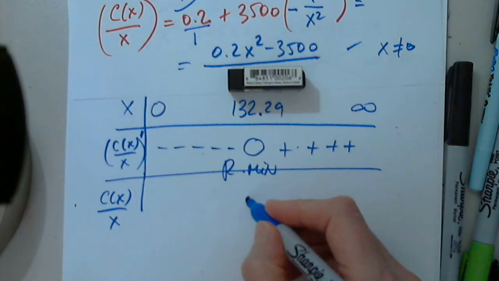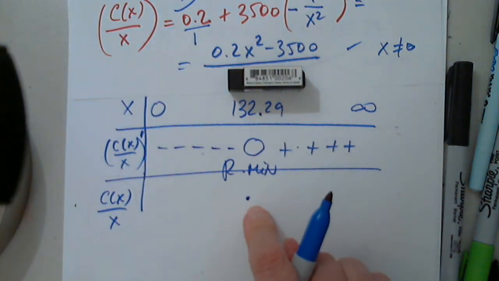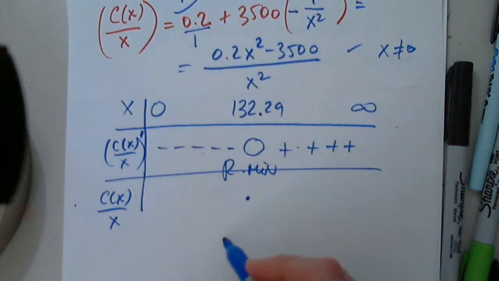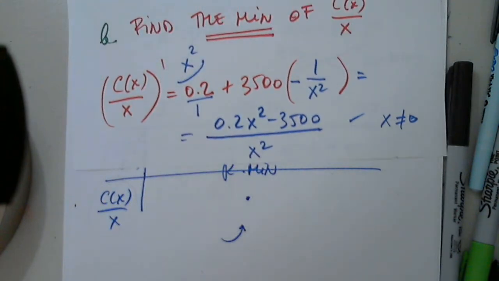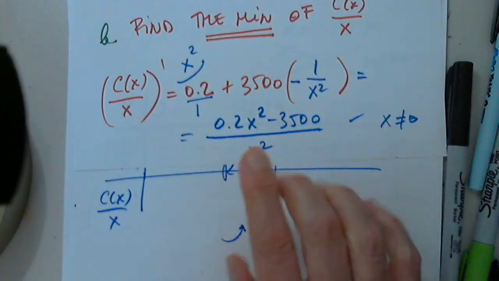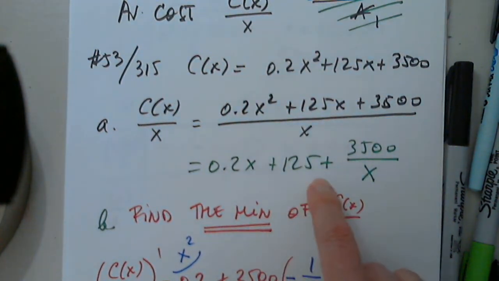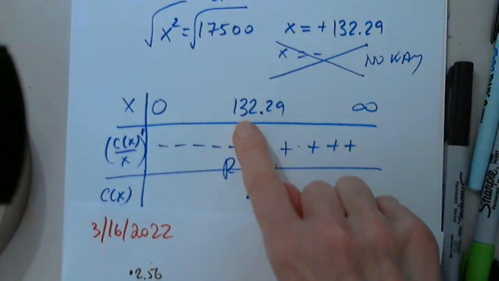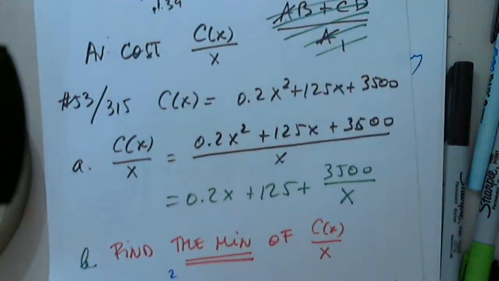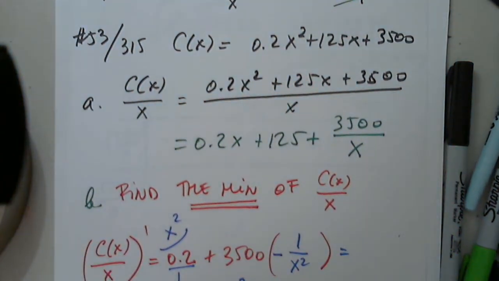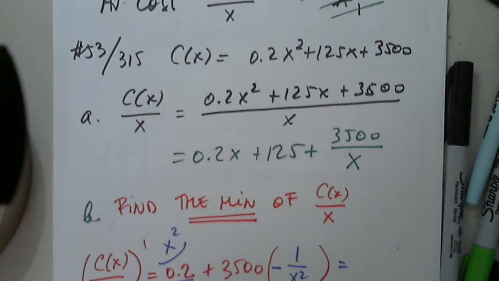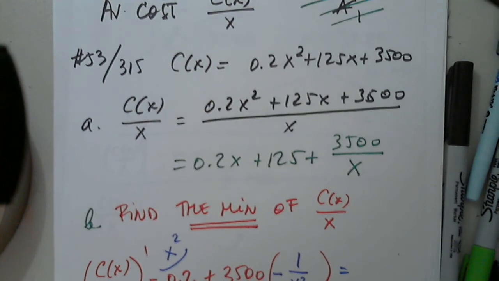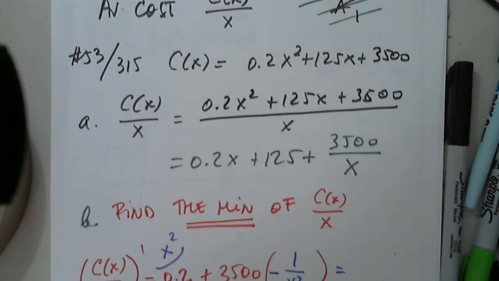I have to plug this in the function to determine the number because we are asked to do so. Okay, so in this function, I have to plug in 132.29. So I'm going to share my screen and clear everything, and I'm going to put 0.2x.